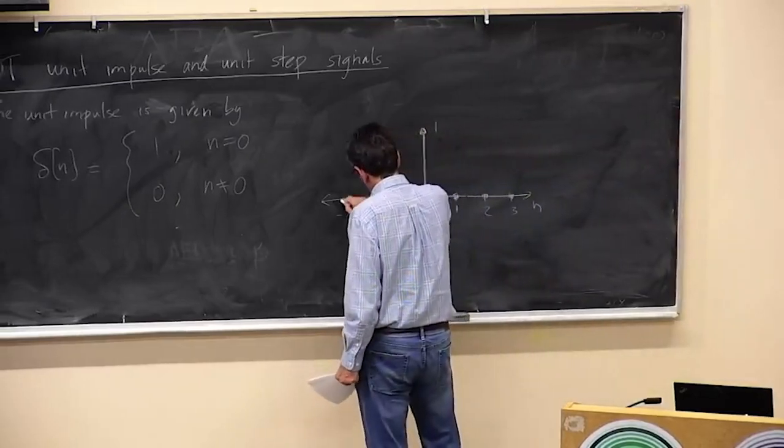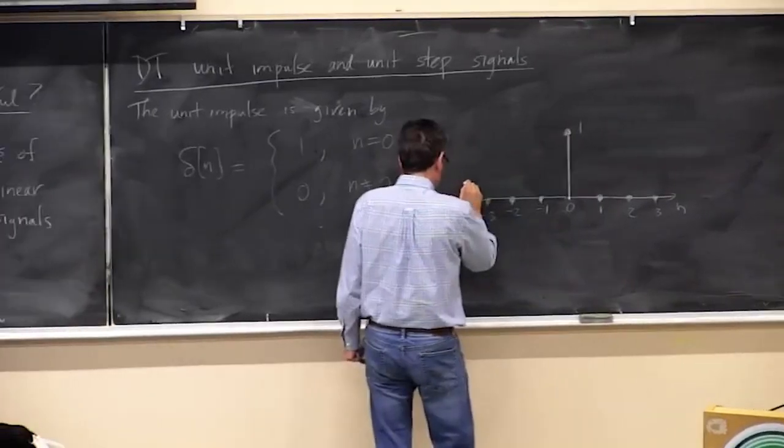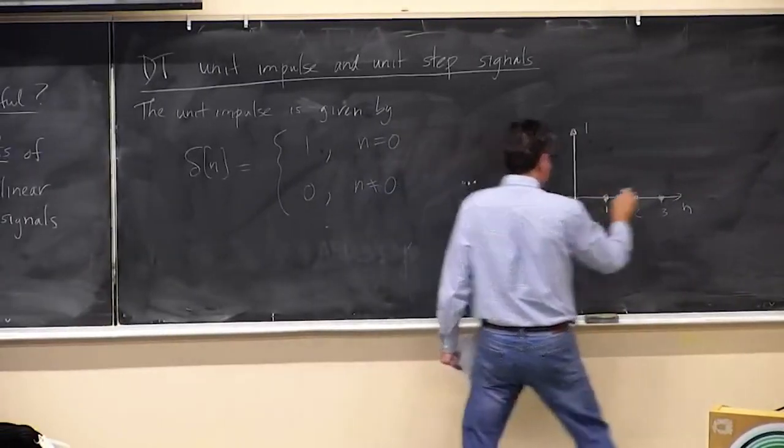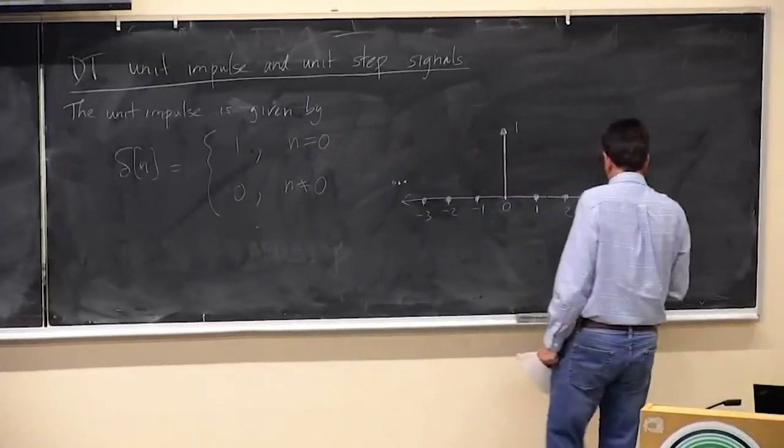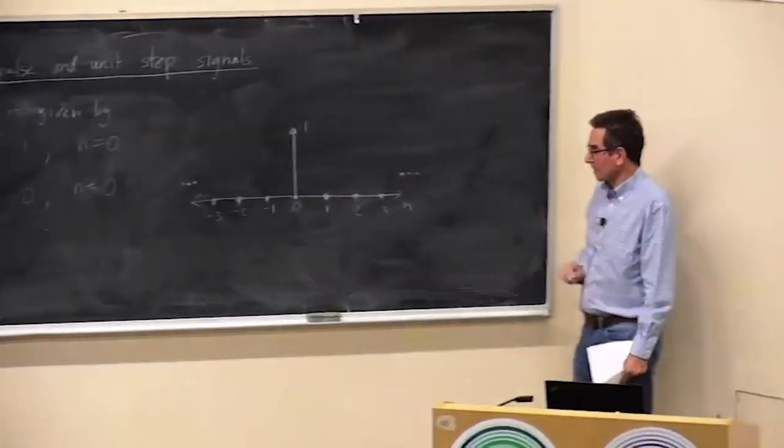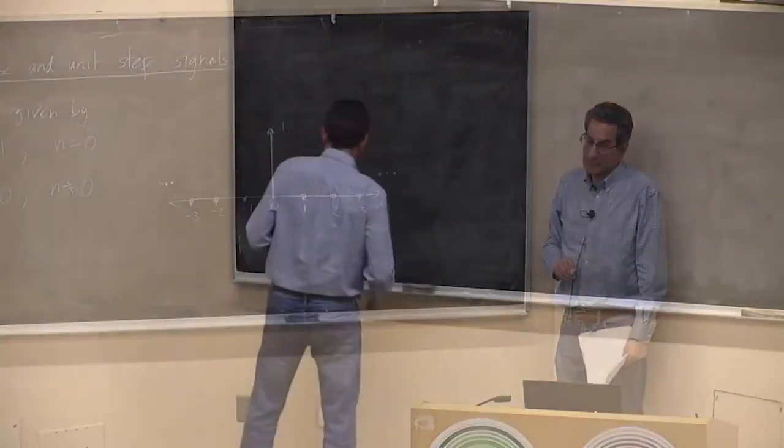To indicate that, we'll just put dot, dot, dot. It's going to continue with zeros for all times above and below that.